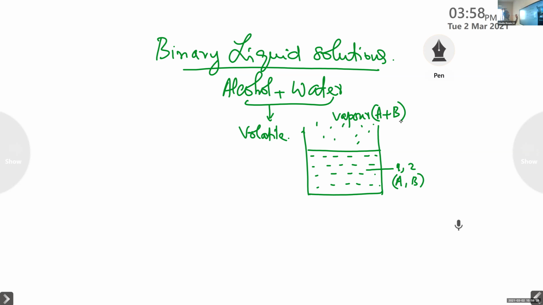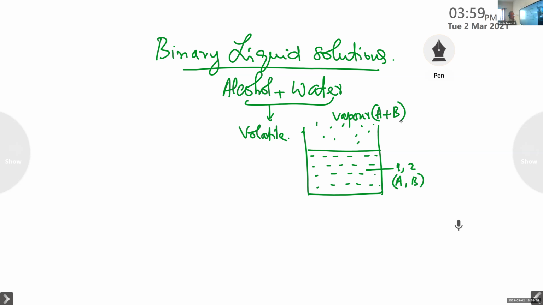And what will be the proportion of A and B, or 1 and 2, in the vapor? That depends on the volatility of the two liquids. If one liquid is more volatile, that means its boiling point is low.